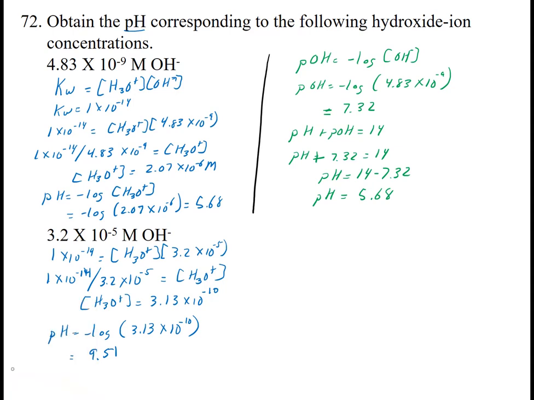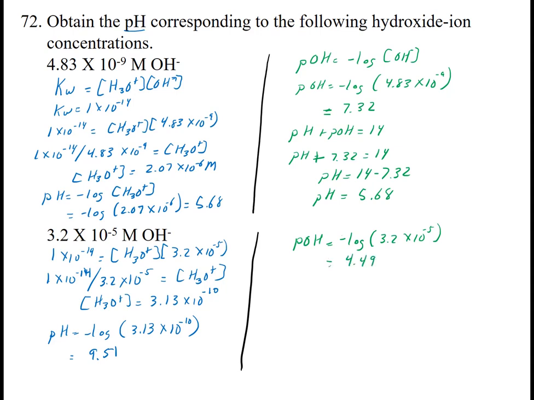Again, I can do it the same way as I did the other one. This time I'm going to start with this equation. The pOH is the negative log of OH minus, so pOH is the negative log of this 3.2 times 10 to the minus fifth, and I get 4.49.